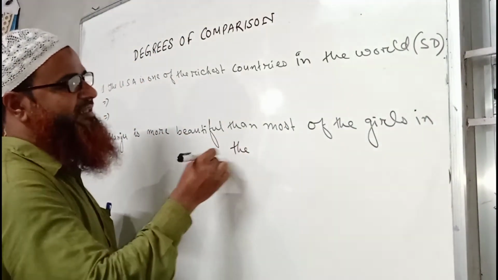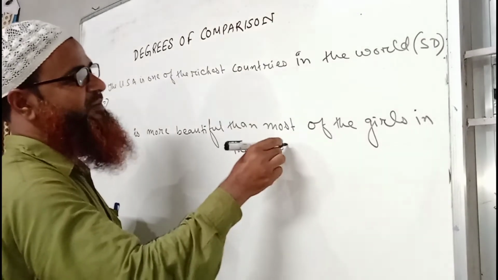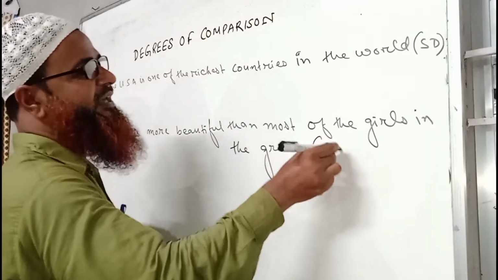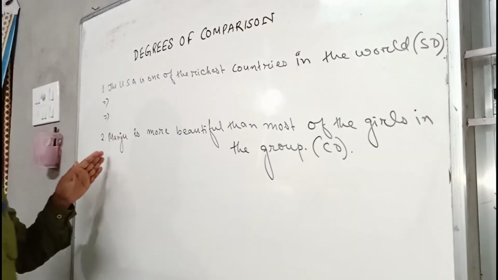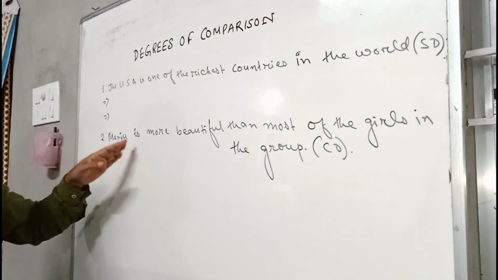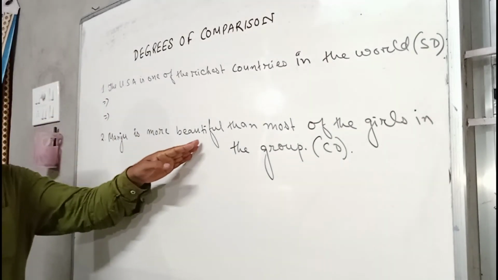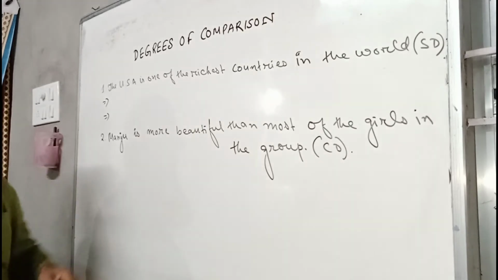So this is another sentence which has been written in comparative degree, where we may read Manju is more beautiful than most of the girls in the group.